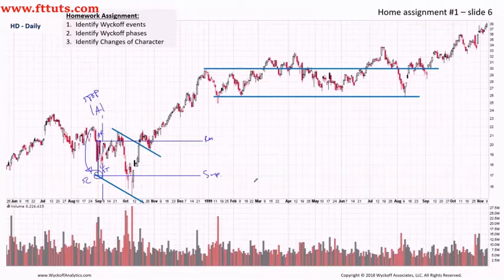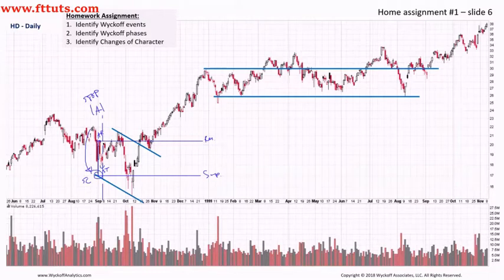The downward movement, which happened around the phase C test, around October. Okay. The downward reaction, and then the test that happened around October. That catches my eye. So how do we label this whole thing here?